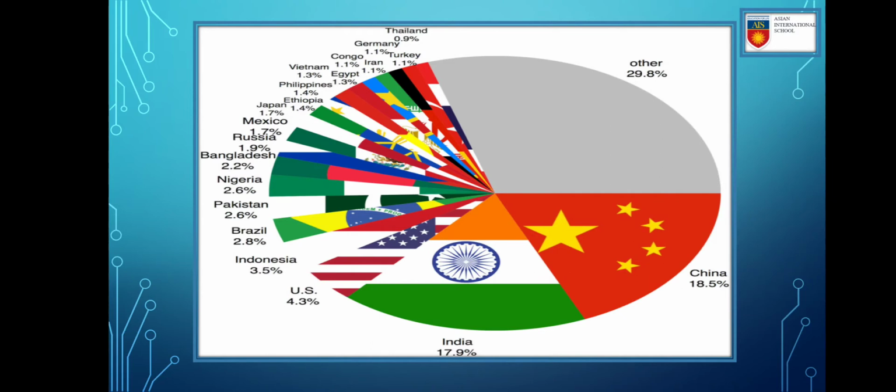The picture in the slide shows us the population distribution of India in respect to the other countries of the world. India stands in the second position only to China with 17.9% of the total population of the world.